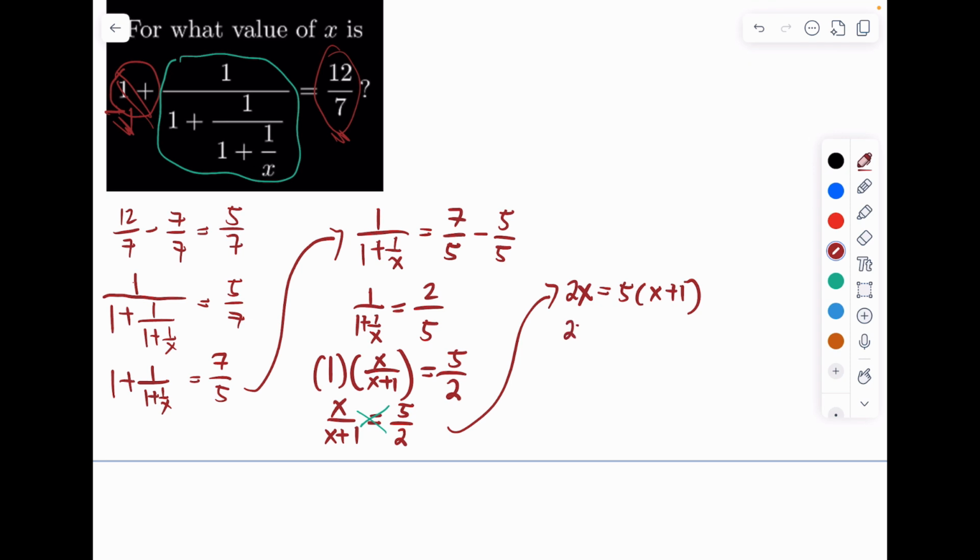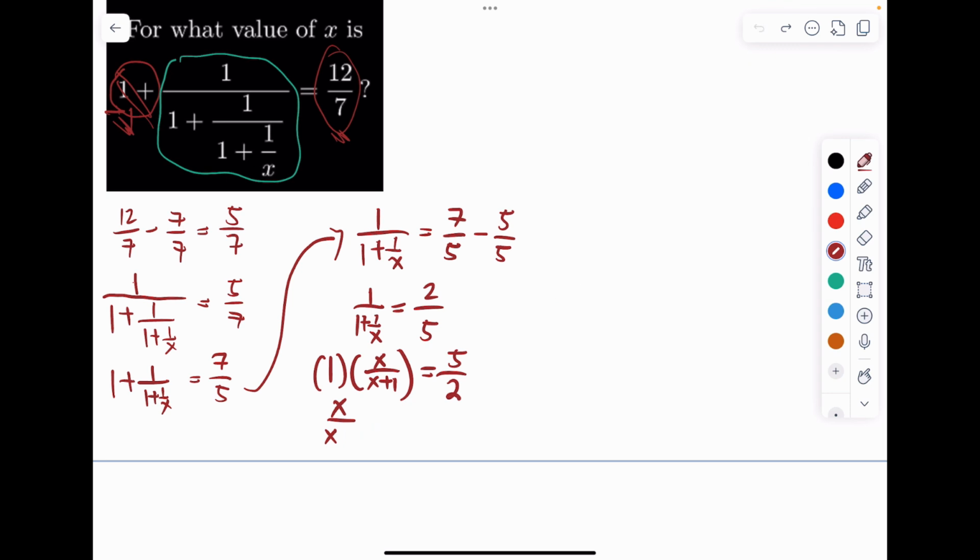And then 2x here equals 5x plus 5. And then the next thing that we will be, oh, you know what, I have a mistake. I spotted it, and we're going to go ahead and fix that one.